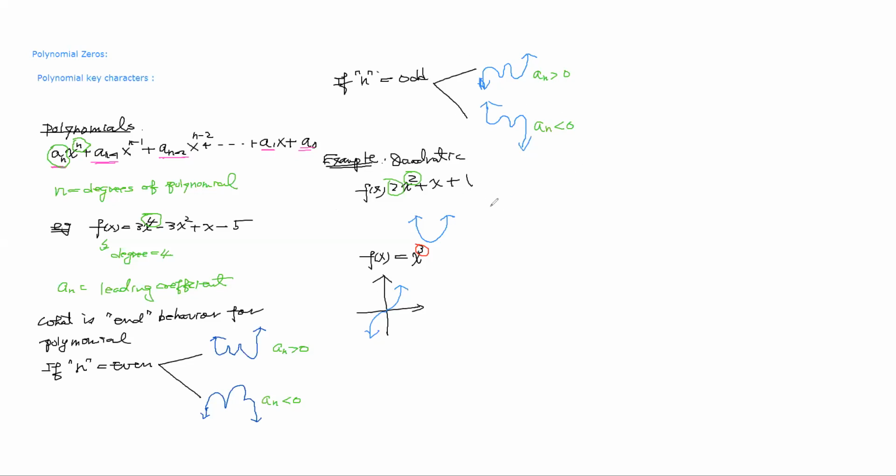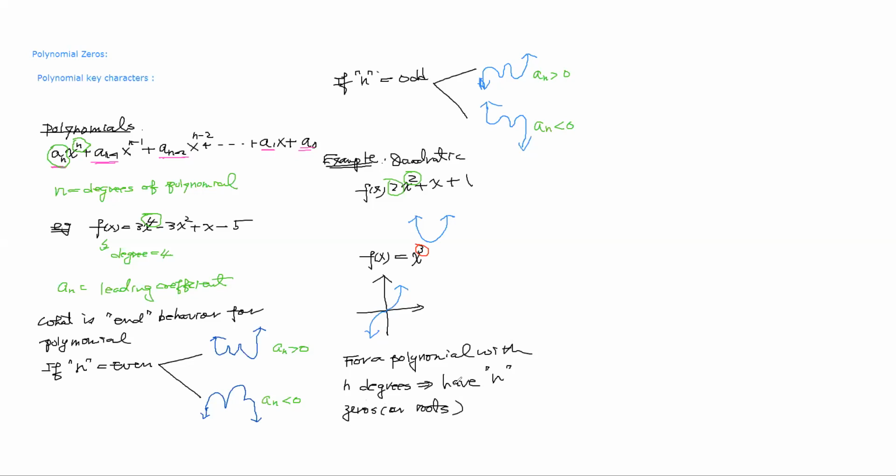Then another thing about the degree is, for a polynomial with n degrees, you will have n zeros, or we say n roots here.